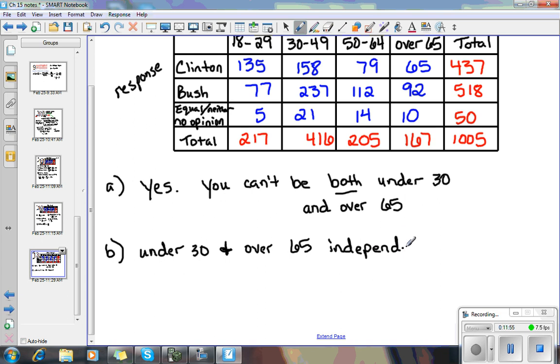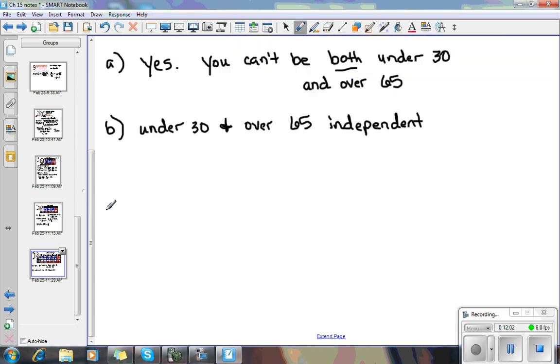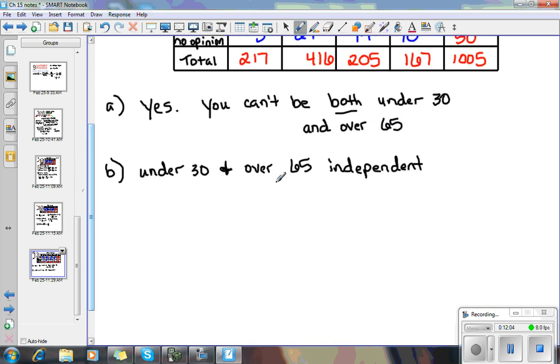Now in class, I left on Friday, or on whatever day it was, Thursday, kind of talking a little bit about this idea. Remember that to be independent, knowing that one event occurs can't change the probability of the other. For example, remember the probability of A given B has to equal the probability of A, if independent.